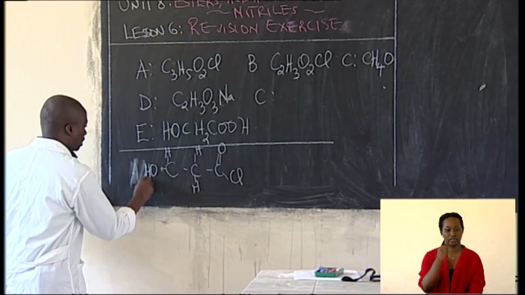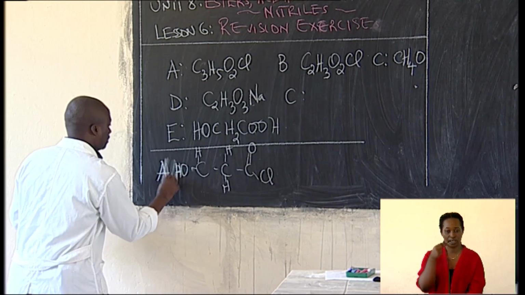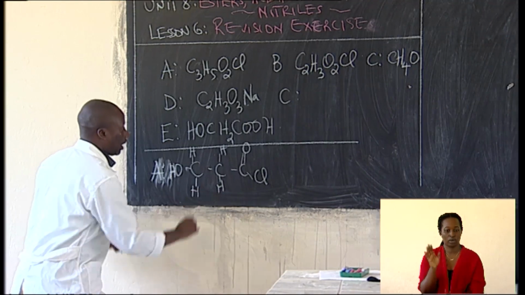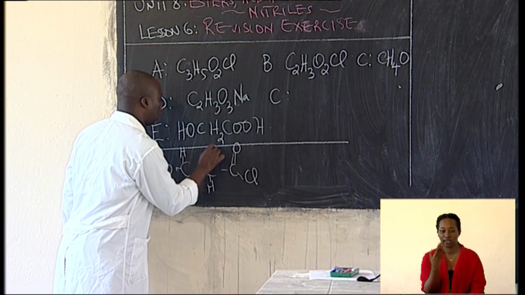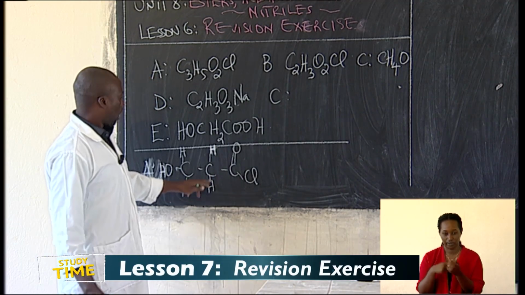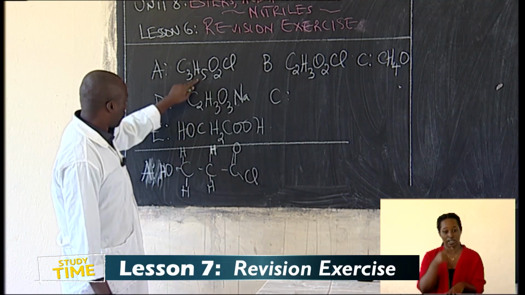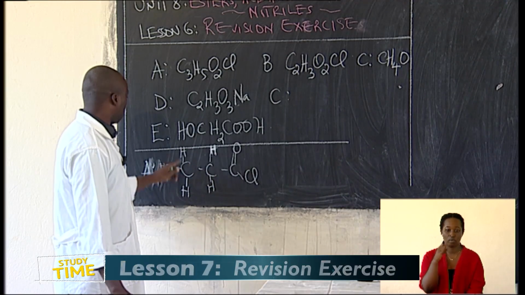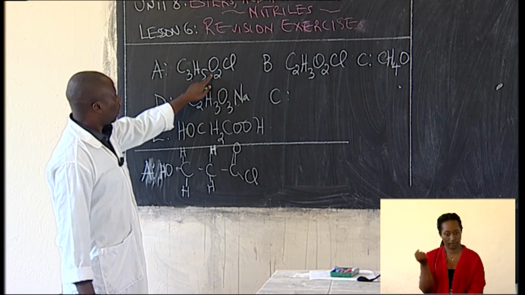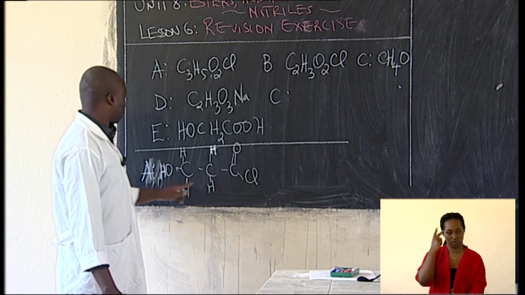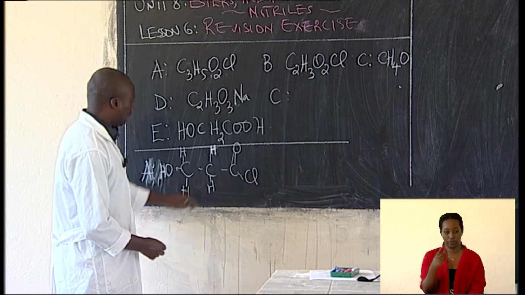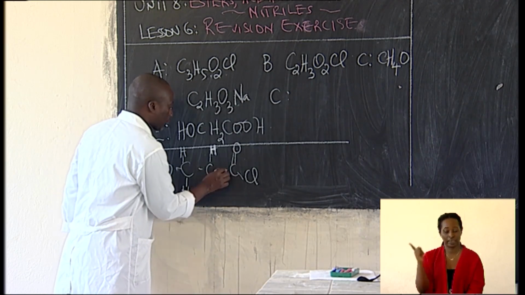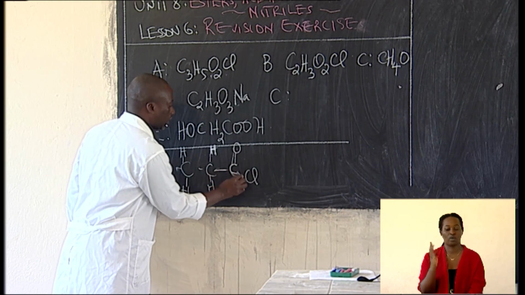This is HO, and then hydrogen. How many are they? You need to go back and count them properly. The hydrogens are supposed to be 5. So this is 1, 2, 3, 4, 5. The oxygens are supposed to be 2. We have this one and this. We have chlorine, which is only that. So this is the structure of compound A.